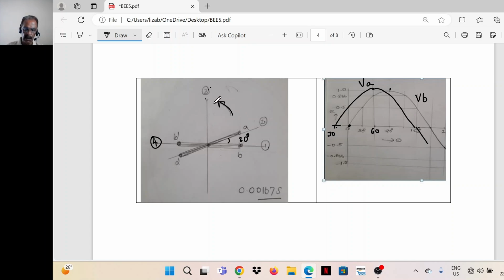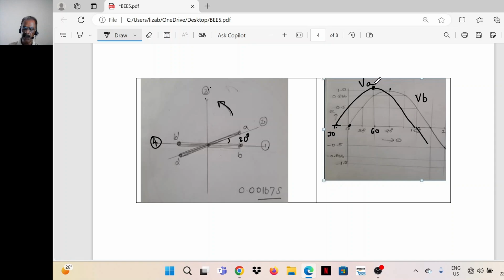I'll tell you once more, the set of coils are rotating in counterclockwise direction. So when the sets are moving in the counterclockwise direction, VA crosses any position first, then only VB. So the voltages induced in these coils also will reach any particular point first. For example, the zero position: VA reaches first, then after 30 degrees VB reaches that point.